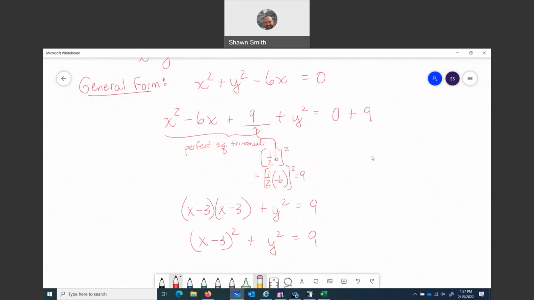Everybody recognizes the format of that? It's an equation of a circle. x squared plus y squared equals r squared. And if I adjust x and y by adding or subtracting, that tells me where the center is. So this has a center of (3, 0), nothing being subtracted or added to the y, right? And a radius of 3.